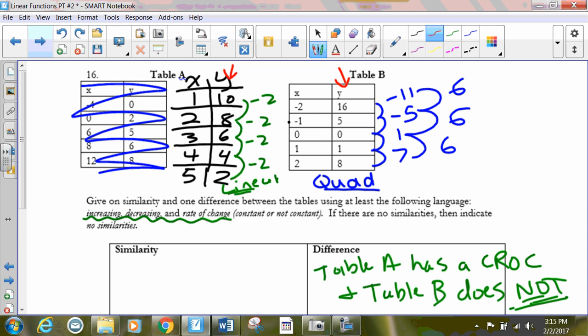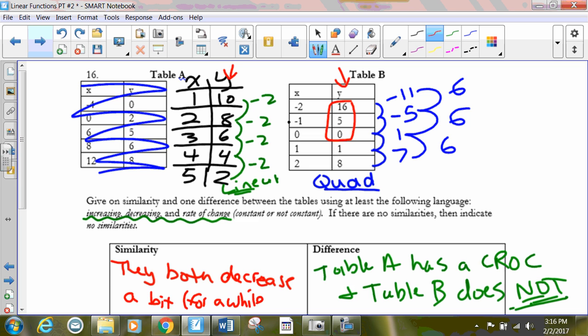Oh, no, it goes back up. But it was decreasing for part of the table. So this is where I'm not a fan of these questions, because to find similarity, we're going to have to say they both decrease a bit for a while. Okay, so that is a similarity.